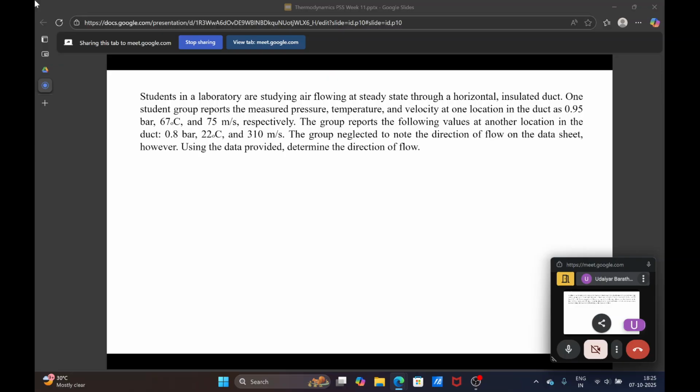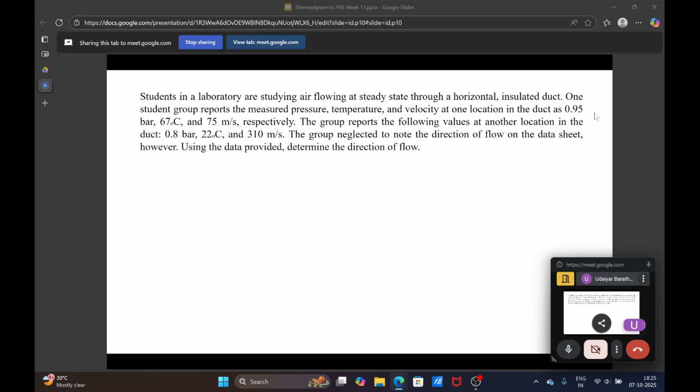The same group reports the following values at another location in the duct: 0.8 bar, 22 degrees Celsius and 310 meters per second. The group neglected to note the direction of flow on the data sheet. However, using the data provided, determine the direction of flow.